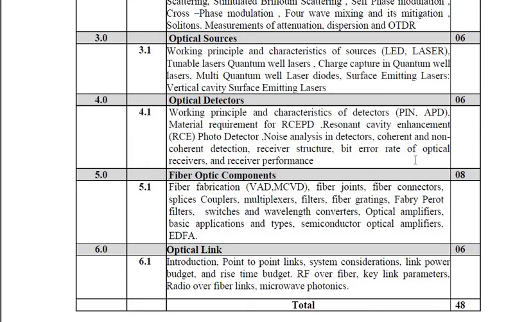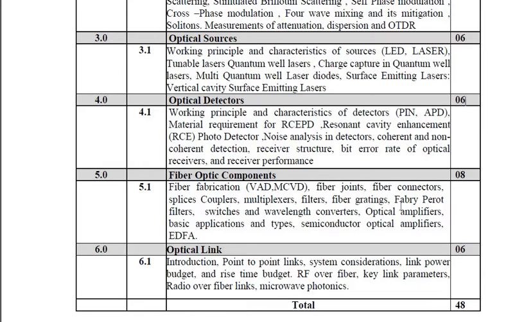Fifth module is based on fiber optics components. So what are the different components of fiber optics? As given, fiber fabrication is done using VAD and CVD, fiber joints, fiber connectors, splices, couplers, multiplexers, filter grating. These are the different components which we are going to study.